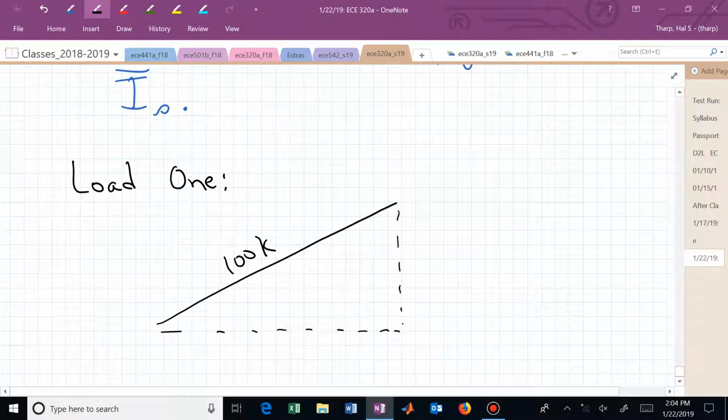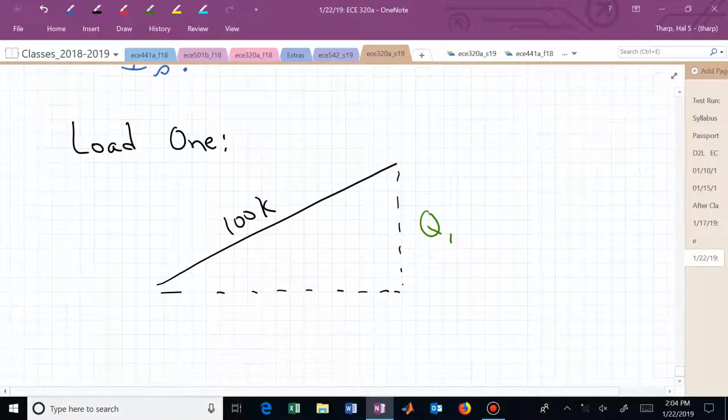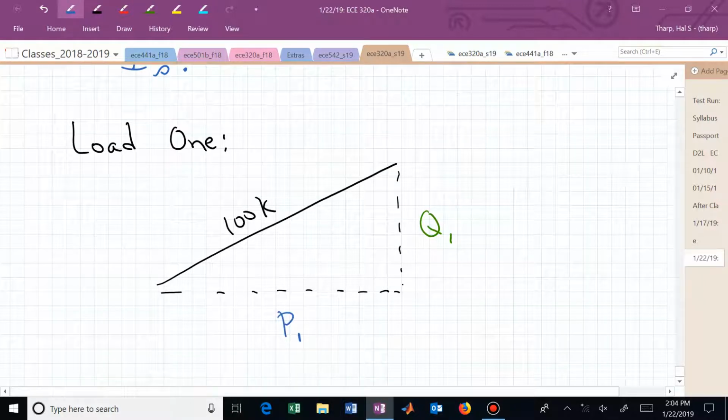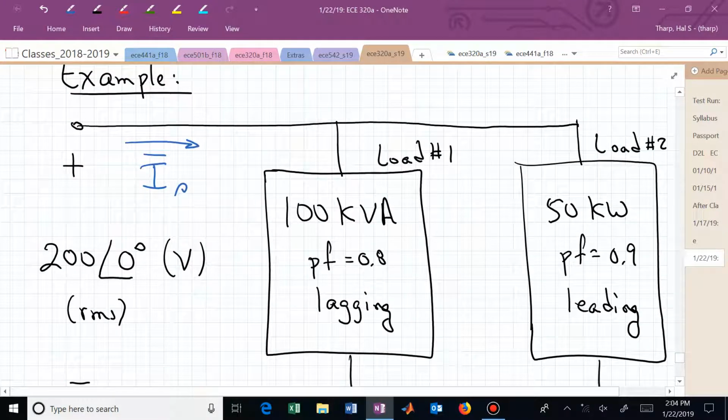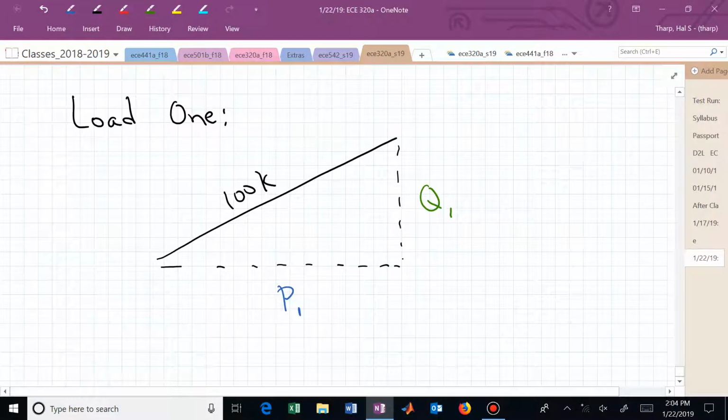And that complex power has a reactive component and it has a real component, and I actually drew this hypotenuse going up relative to the horizontal axis, and that's because we were told that the angle was lagging, and lagging means we have an inductive load. That means we have a positive Q. That's why I was able to draw this angle in the positive direction, positive with respect to the horizontal real axis.